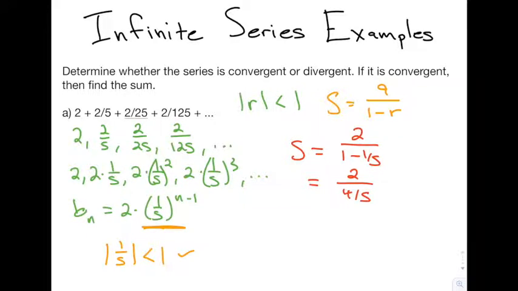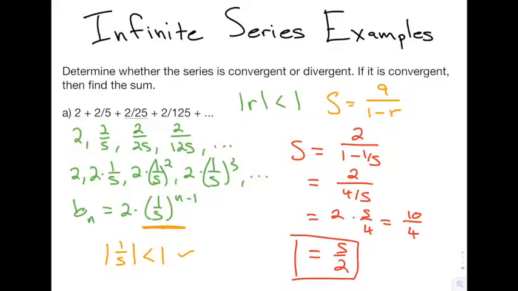So now this is 2 over 4/5, which equals 2 times 5 over 4, which equals 10/4, or 5/2. So the sum of the infinite series is 5/2.